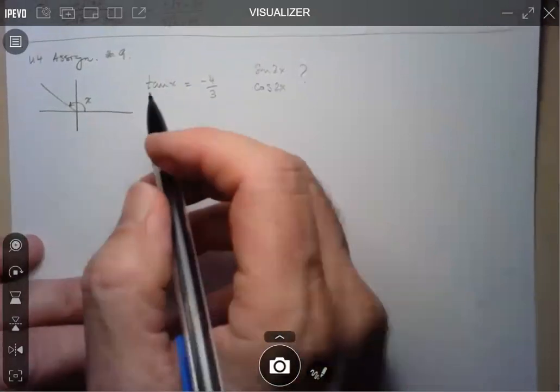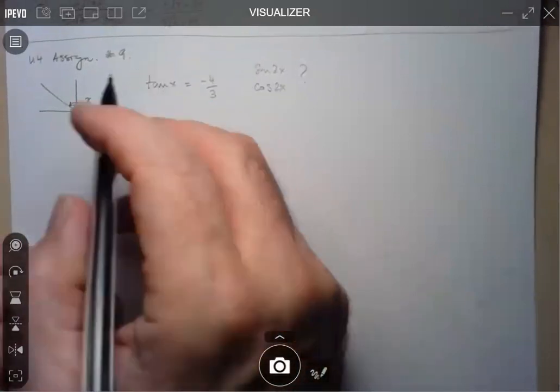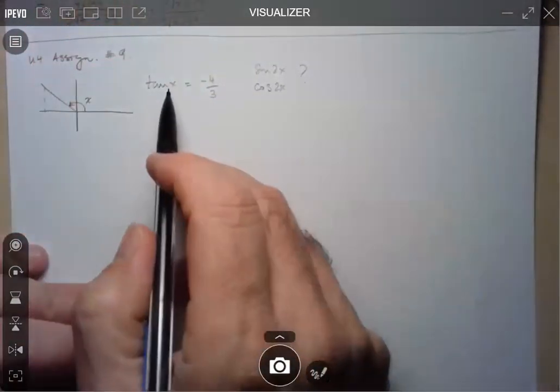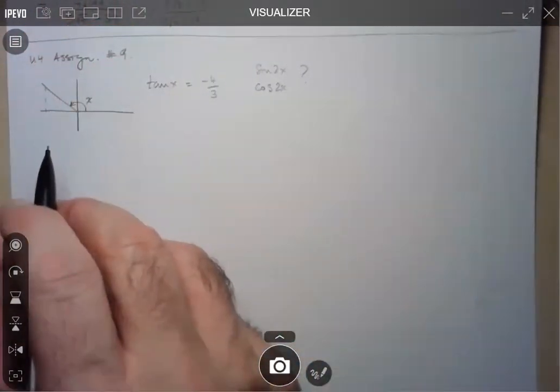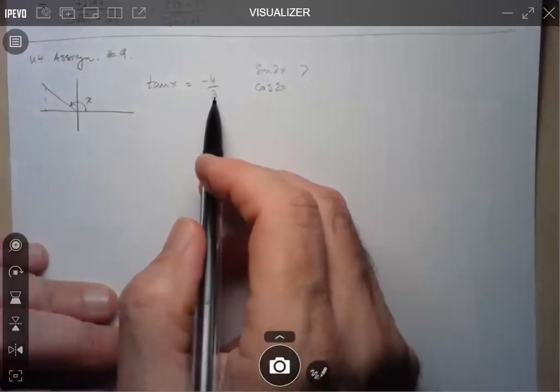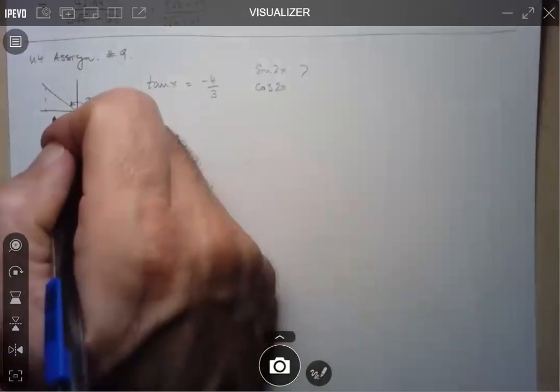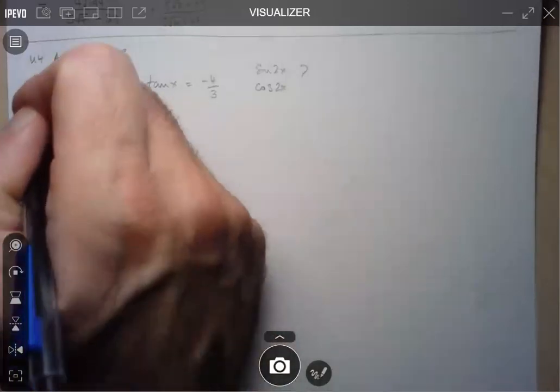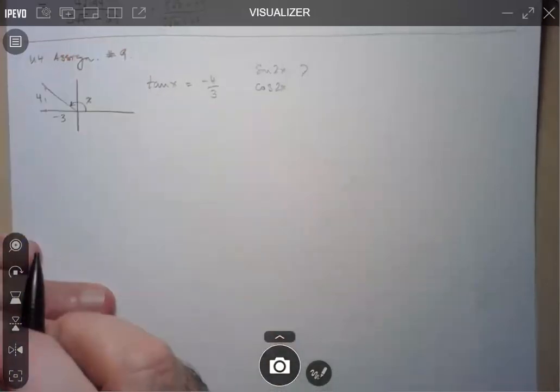And so here, very similar to what we did before, if tan of x is -4/3, then this is y over x, but I know it's going to be the x value that needs to be negative and the y value that needs to be positive.